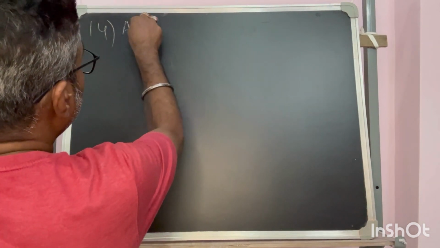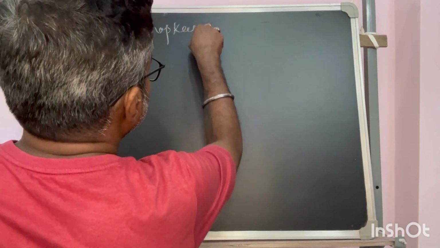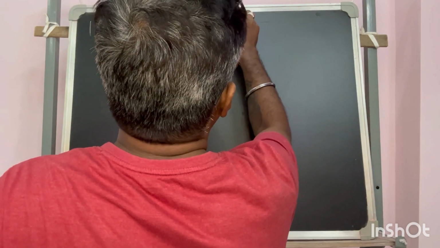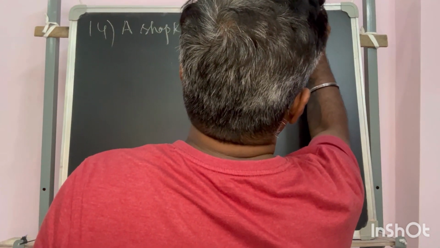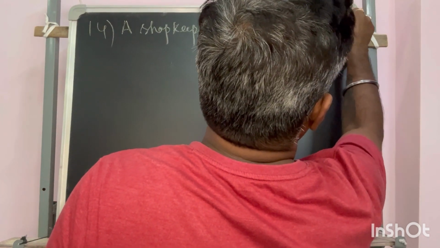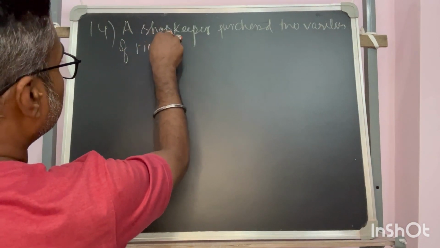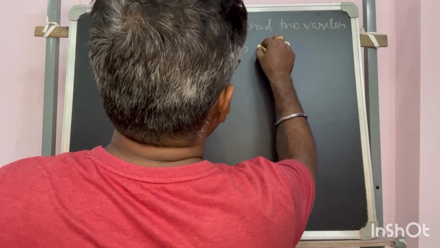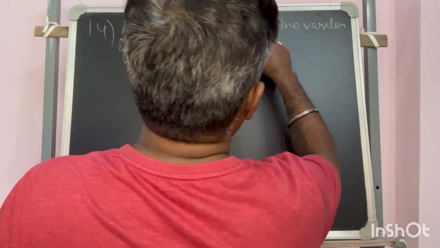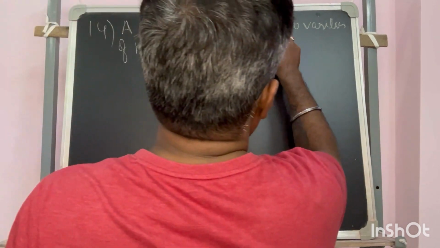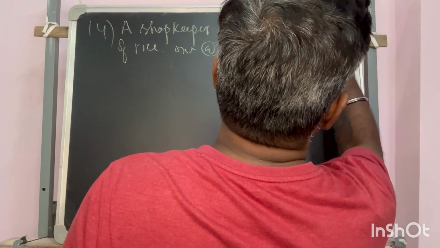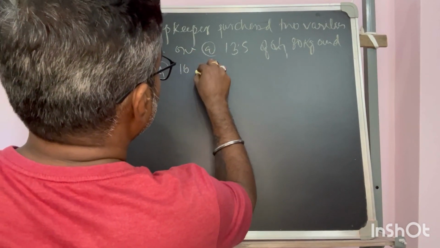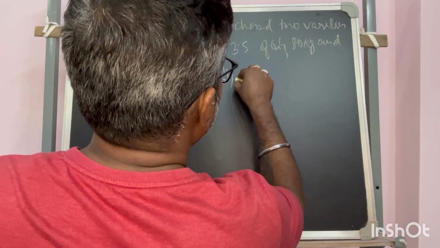It says a shopkeeper purchased two varieties of rice, one at 13.5 of quantity 80 kg and the other at 16 of quantity 120 kg.